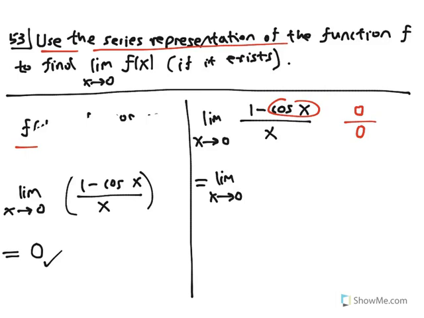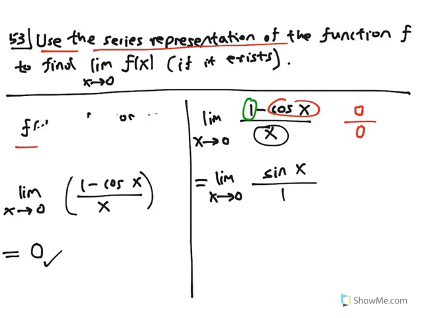So in the numerator, the derivative of the function 1 minus cosine x would be the derivative of 1 is 0, so you have 0 minus the derivative of cosine x, which is negative sine x. 0 minus negative sine x is sine x. And in the denominator, the derivative of x with respect to x is 1.